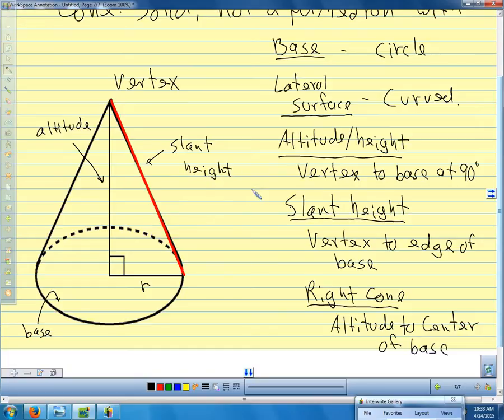And notice that right triangle there that we have in our cone, made by the altitude, the radius of the base, and the slant height. So we have a right triangle inside a cone also.